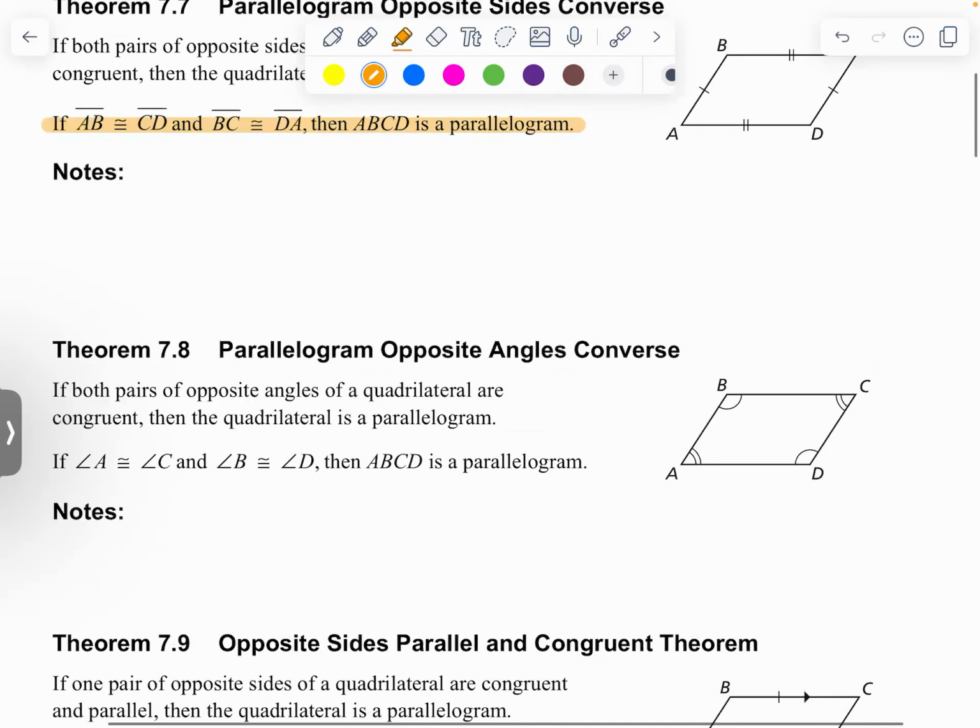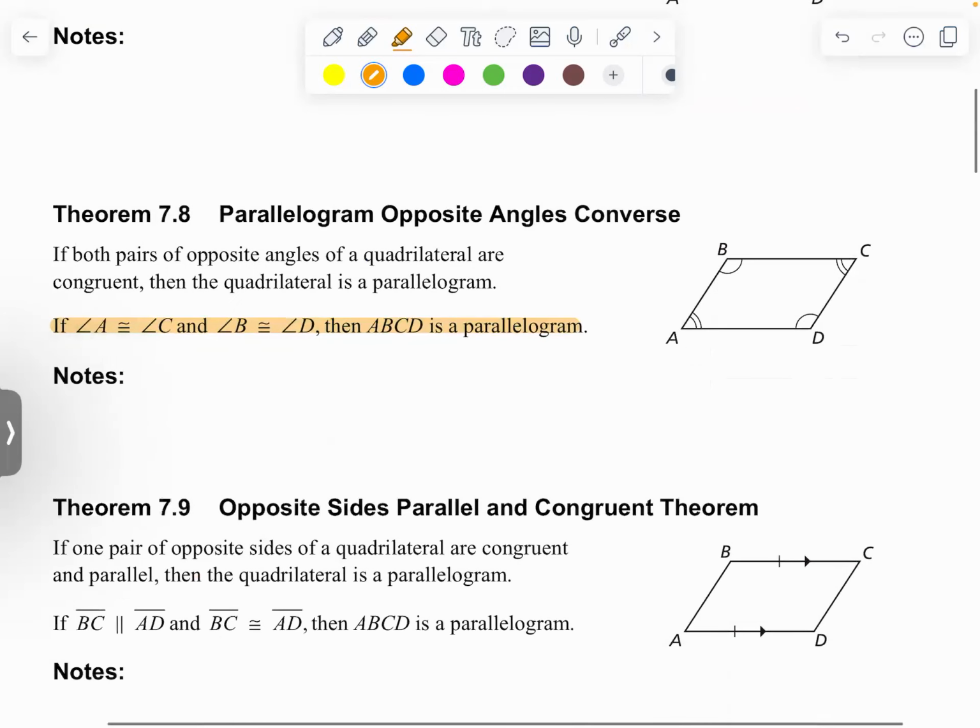If we have a quadrilateral and opposite angles are congruent, then we know it's a parallelogram, and all of the other properties will also be true. Now, the one that I really like is this one.